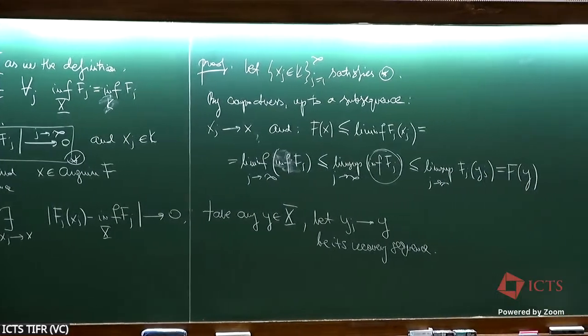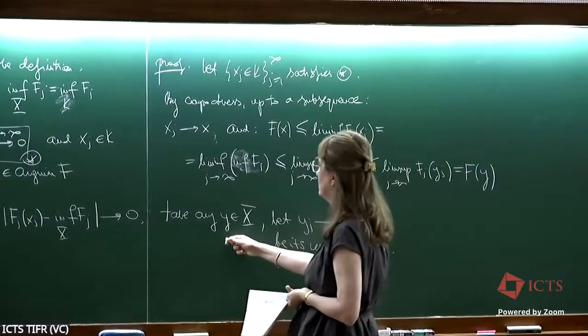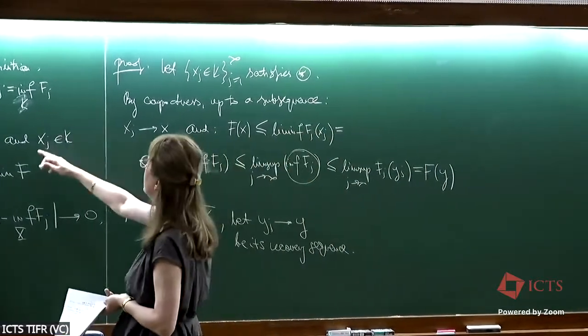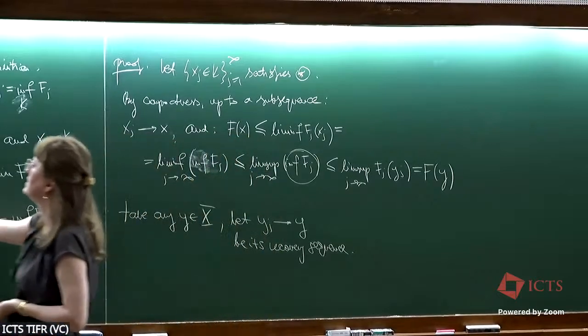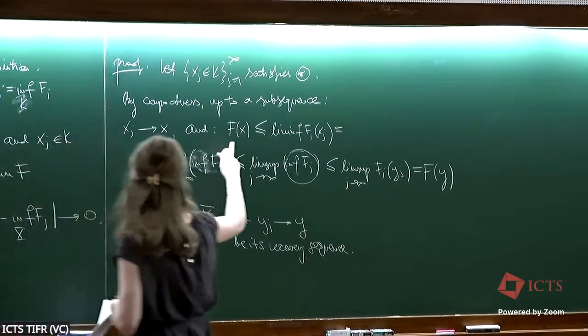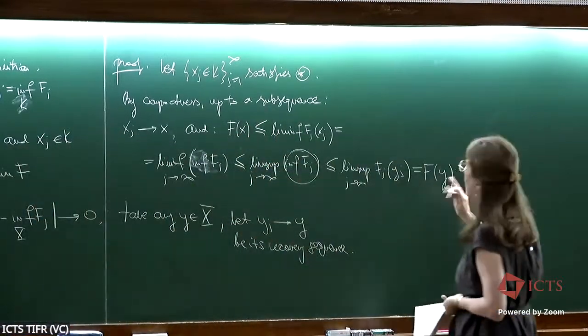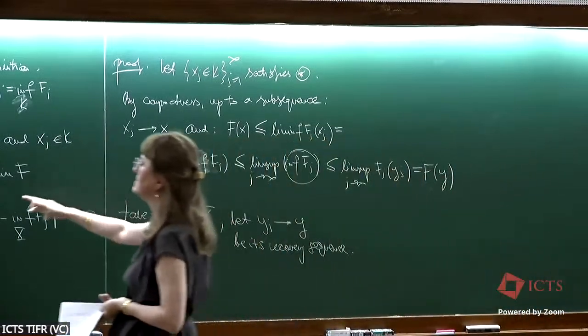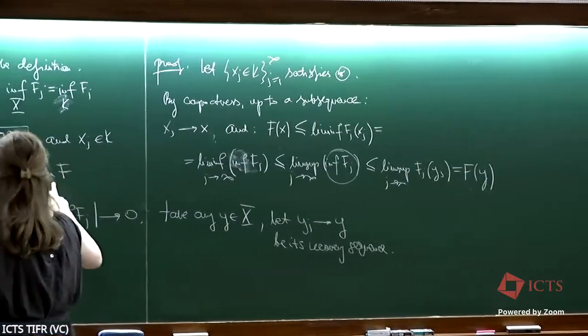So I've checked that no matter what y is, f of x, where x is the accumulation point of these approximate infimizing sequences, is less or equal than f of y for any y. So I have just proved, indeed, that this limit x is a minimizer of f.